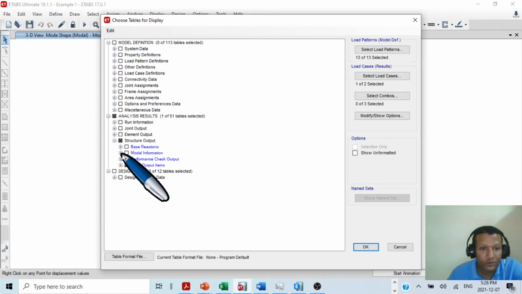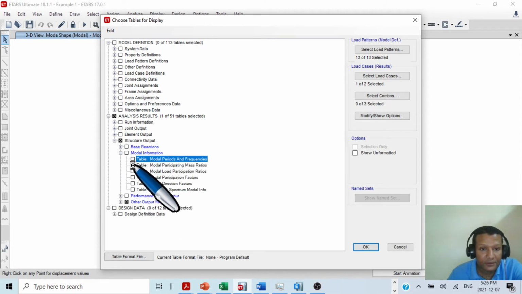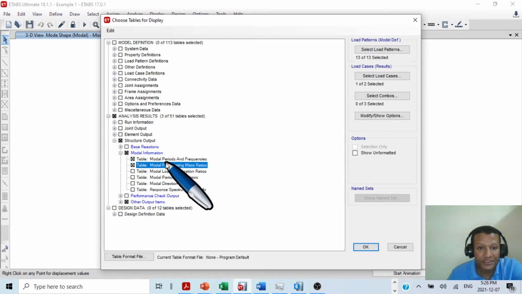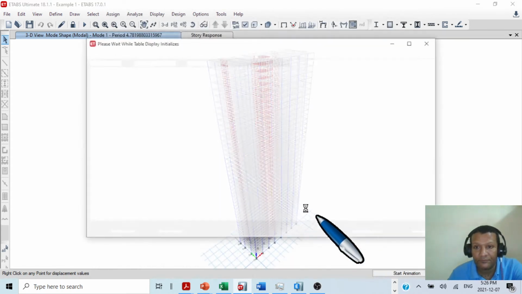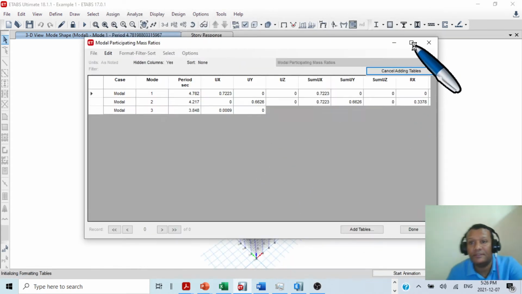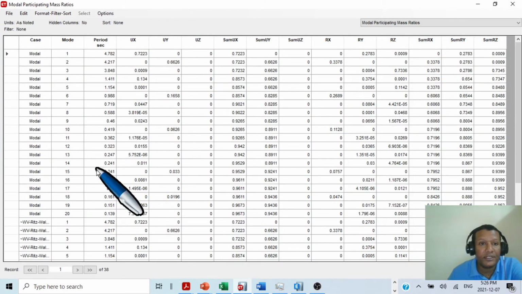I need modal information, mode participation factor and modal period. This one later we will need, but not now. As you can see, for the first mode we have 4.782 seconds, for the second mode we have 4.21 seconds, and for the third mode we have 3.848 seconds.